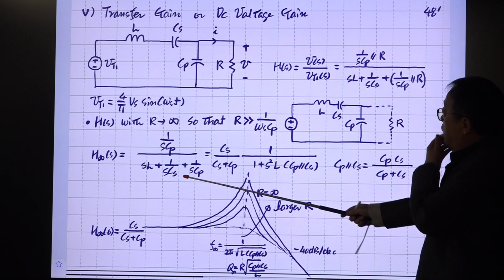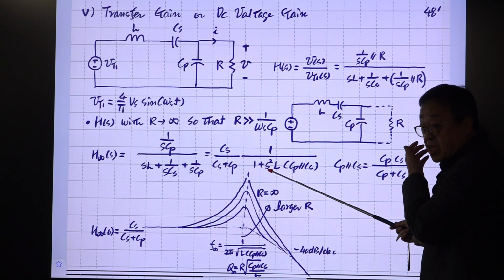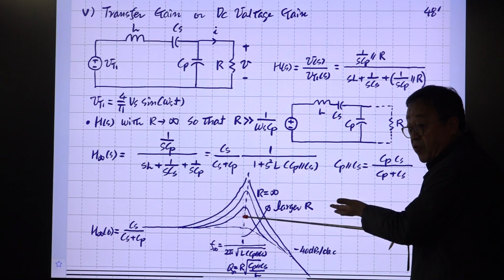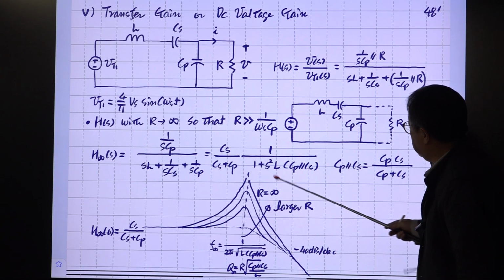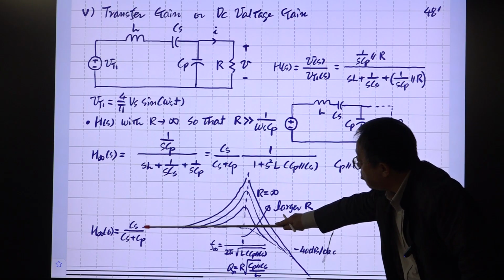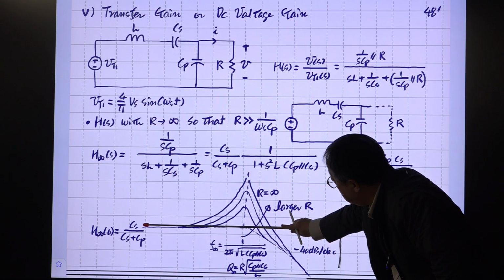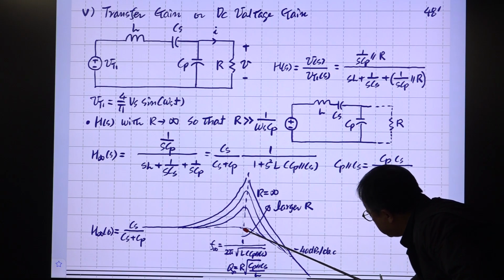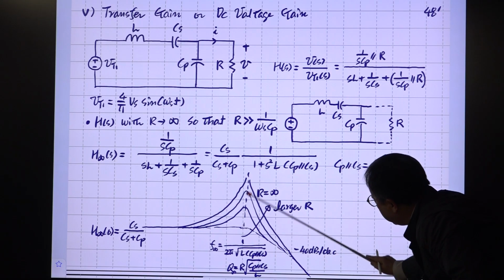When this R is infinity, Q is infinity; when R is very large, then Q is very large, though smaller than infinity. So we have this low frequency asymptote here, and the double pole is coming here. This is wrong, okay? This should be the resonant frequency, and this Q value is very high.